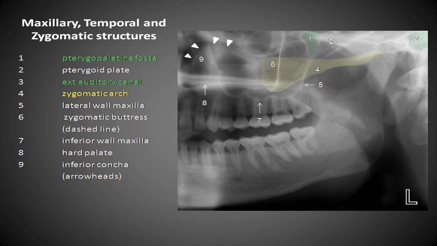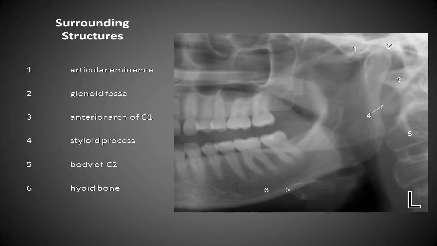So identifying each structure with their outlines becomes essential for us to differentiate. Otherwise, it could be easily mistaken to be a pathology or some form of radiographic artifact.